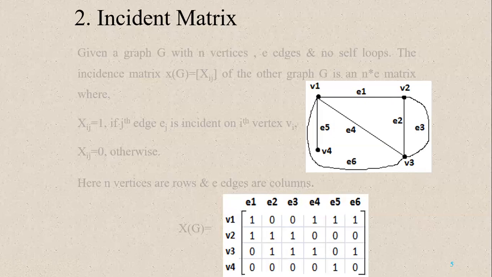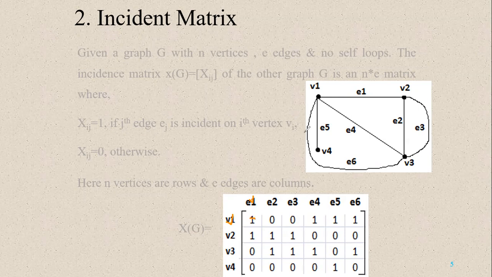In this matrix, the first one is the first vertex and E1. What is the relation between V1 and E1? V1 is incident with E1. Therefore, the value is 1.